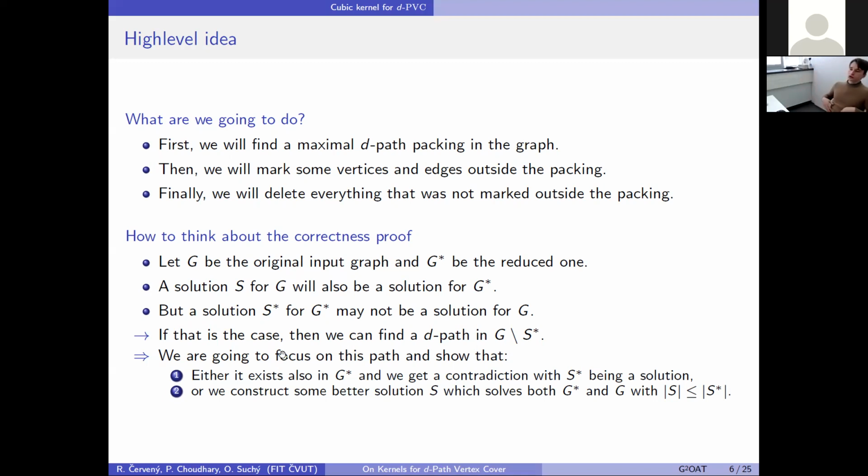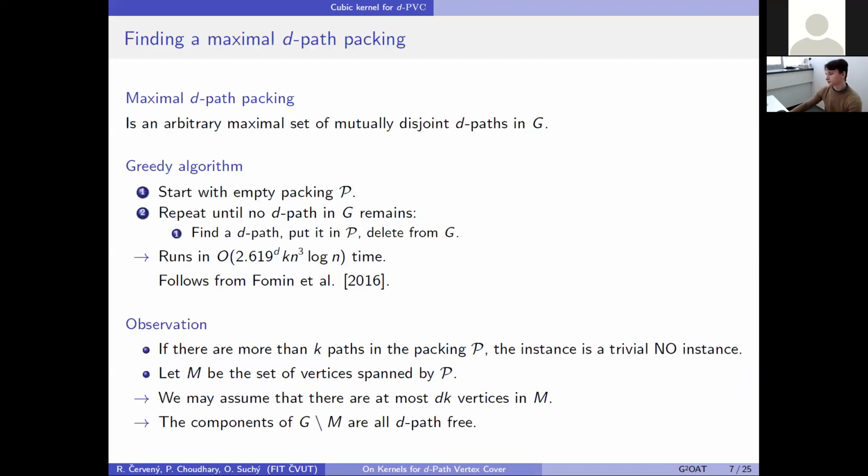And we will show that either this problematic d-path also exists in the reduced instance, which would be a contradiction with us finding a solution S star, or that we can somehow modify the solution such that the problematic d-path is no longer a problem for us. That's the high-level idea.